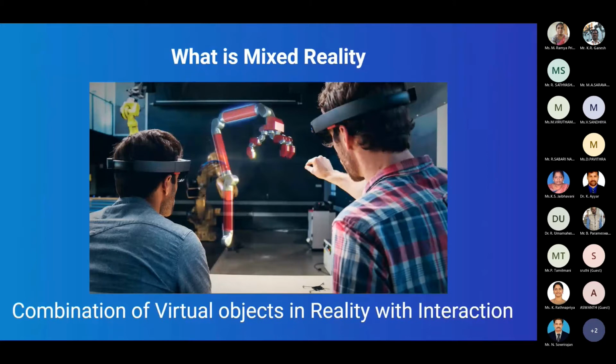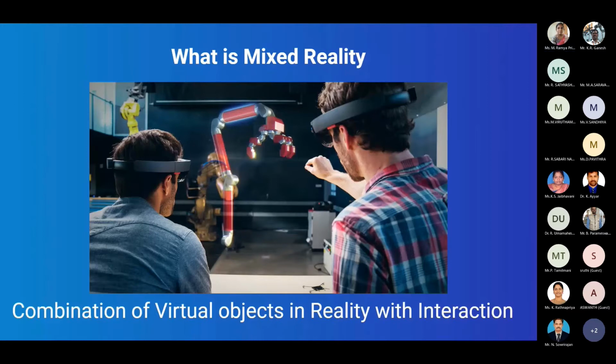Everything you are learning through virtual reality. Everything you are seeing is an imaginary world in which you feel as if you are inside the world. That is called virtual reality.